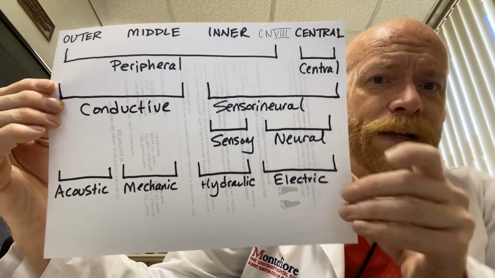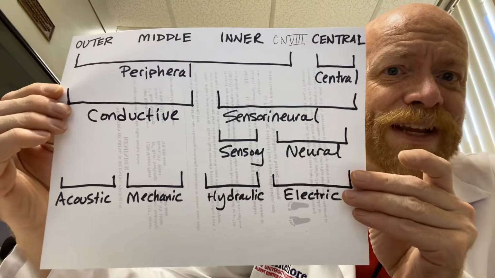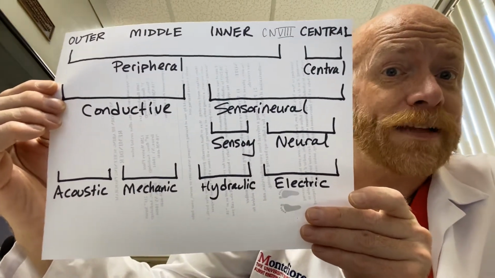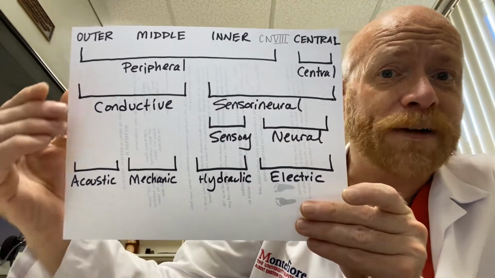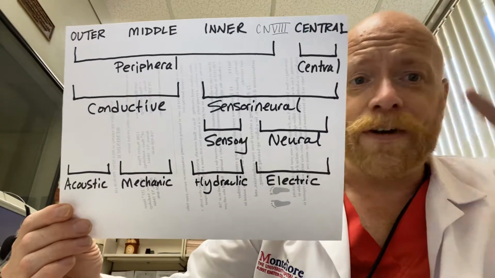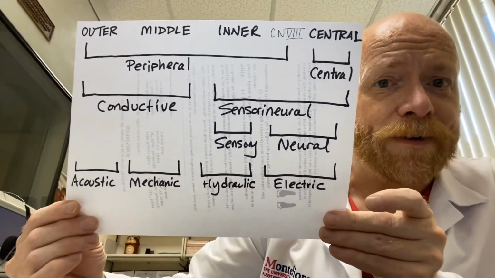Now, in pen, between inner and central, you see what's written: CN VIII. That stands for cranial nerve number 8. Those of you who are well versed in anatomy probably know that there are 12 cranial nerves that innervate various aspects of our senses and also our musculoskeletal system.